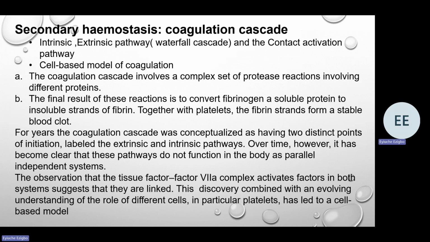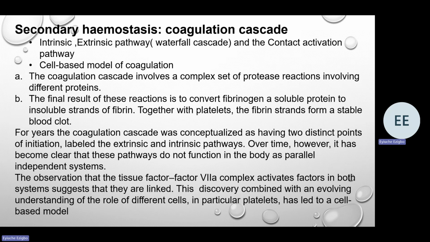The secondary hemostasis is also divided into the intrinsic and extrinsic pathways, the waterfall cascade, and the contact activation pathway. Then we have the cell-based model of coagulation. It is just telling us that to describe the secondary hemostasis, either we use the waterfall cascade, the classic pathway we all know, or we use the cell-based model.